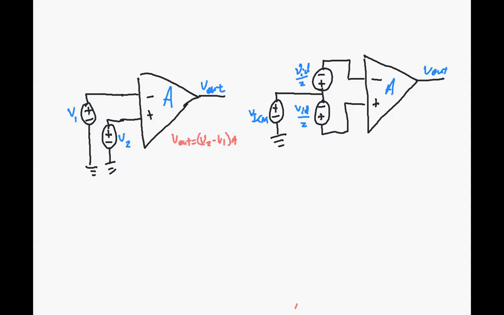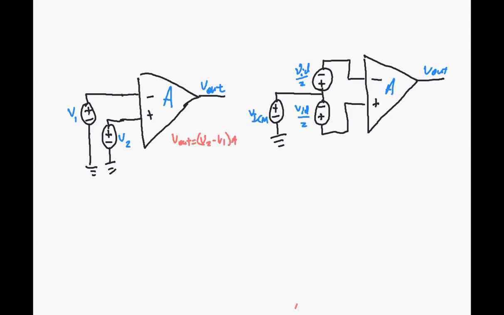This would be the typical beginning way to think about it, but thinking about it as the split power supply, or signal source, I should say, has some real advantages as well.